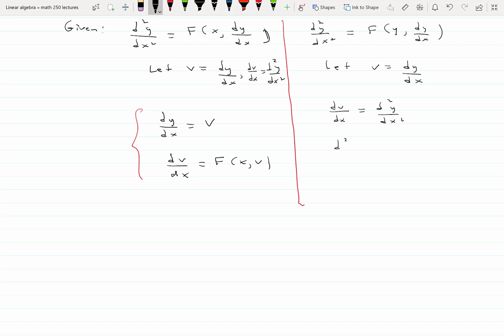So this gives us d squared y over dx squared equals dv dy times dy dx, or v dv dy.